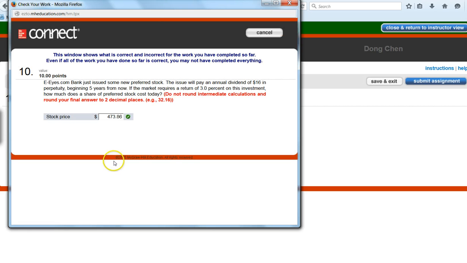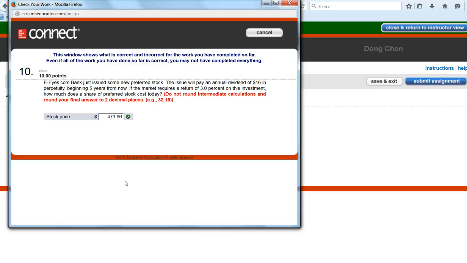So good. We did get the right answer. So again, for this type of question, we just need to move our baseline to the year right before the starting year of the dividend for the perpetuity problem. Then we can apply that formula.